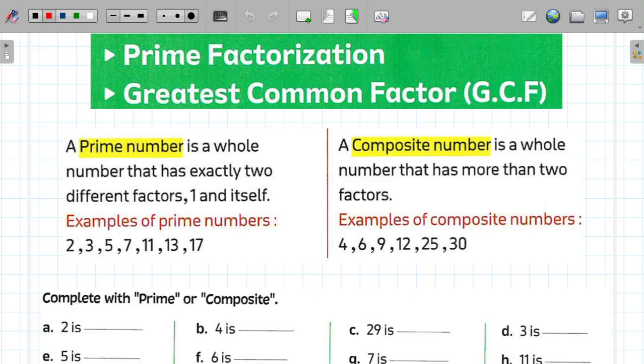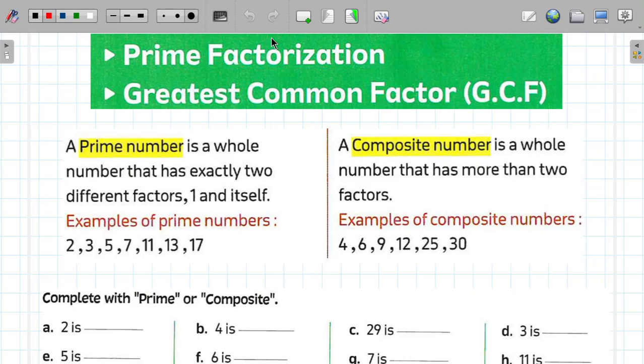So let's go. The first part with us today is how to factorize a number to find its prime factors. But we want to know first, what is the difference between prime number and composite number? A prime number is a whole number that has exactly two different factors, one and the number itself.